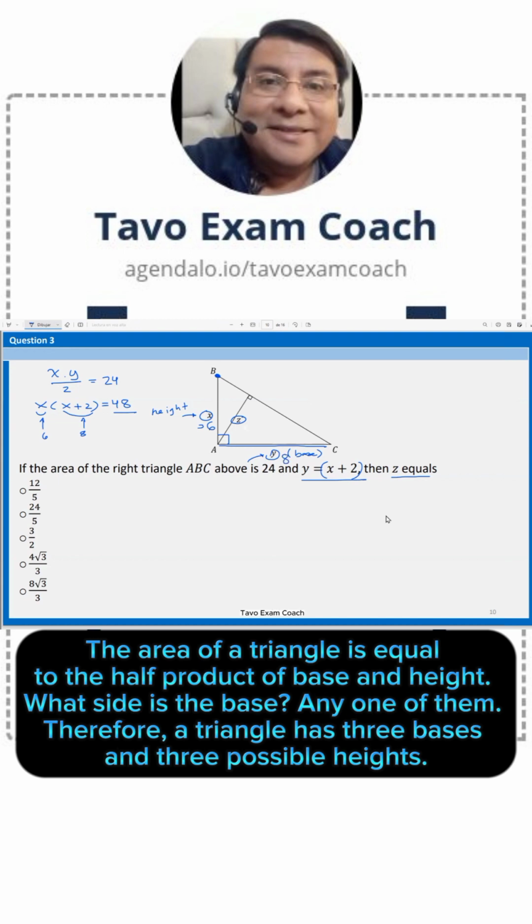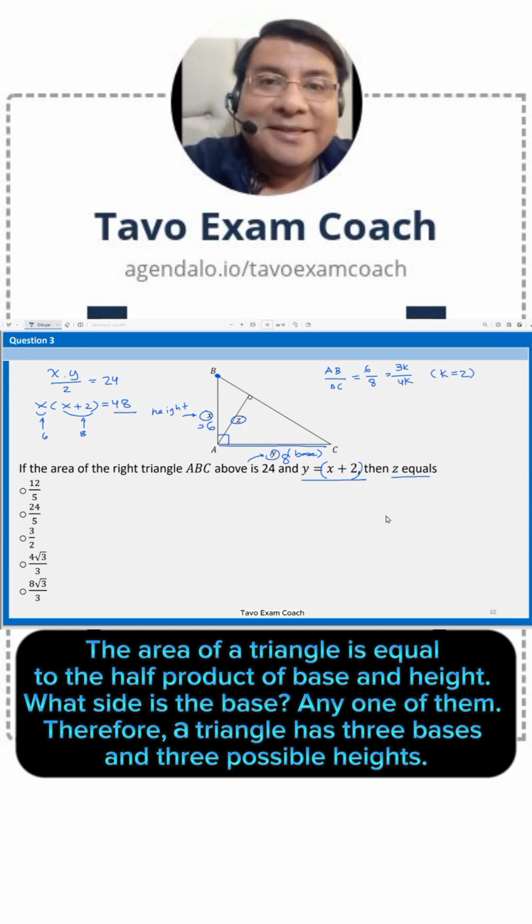But take a look. If you calculate the ratio of these two sides, AB over AC, you can see this is 6 over 8. And this is the same as 3k over 4k, where k actually is 2.